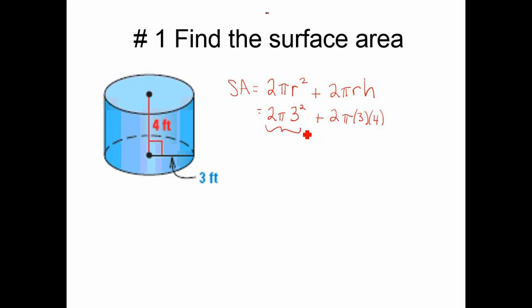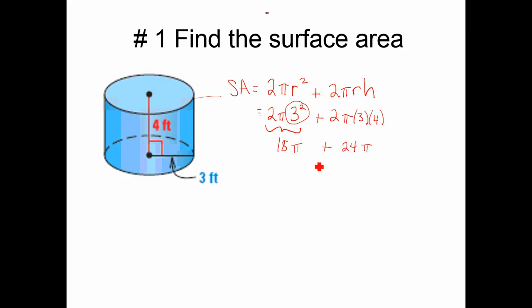So we have two things going on. First, we can calculate this part, 2 pi 3 squared. So we could go ahead and type that in a calculator. You can leave it in terms of pi if you like. This would be 9 times 2, 18 pi's. And then on the other side here, you would have 12 plus 2 more, 24 pi's. So 18 pi's plus 24 pi, we can leave it in terms of pi if we want to.